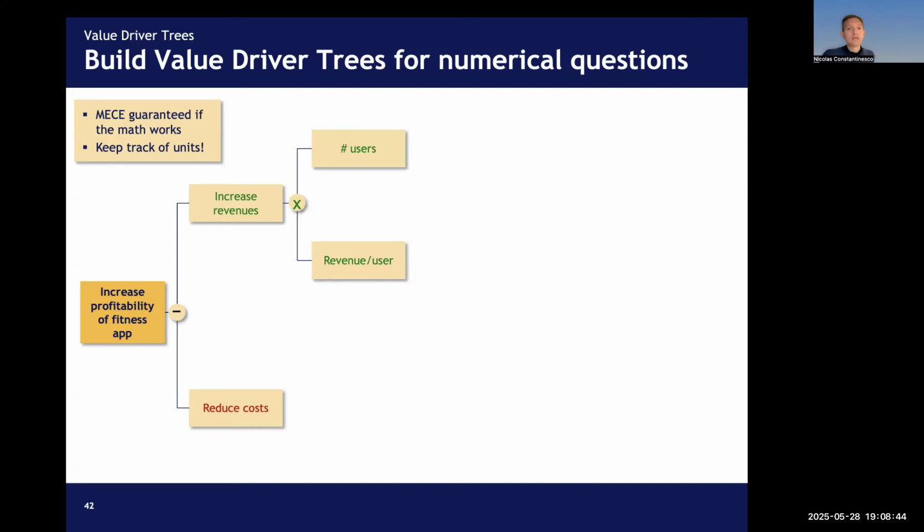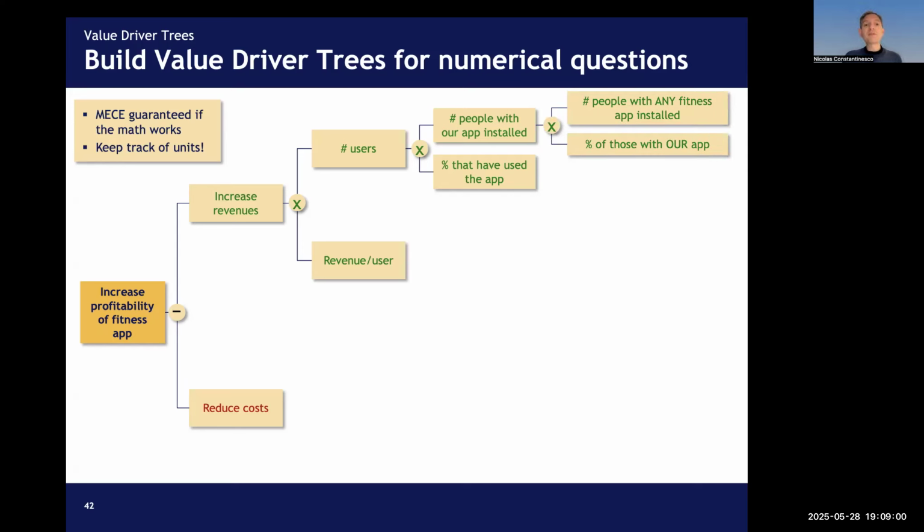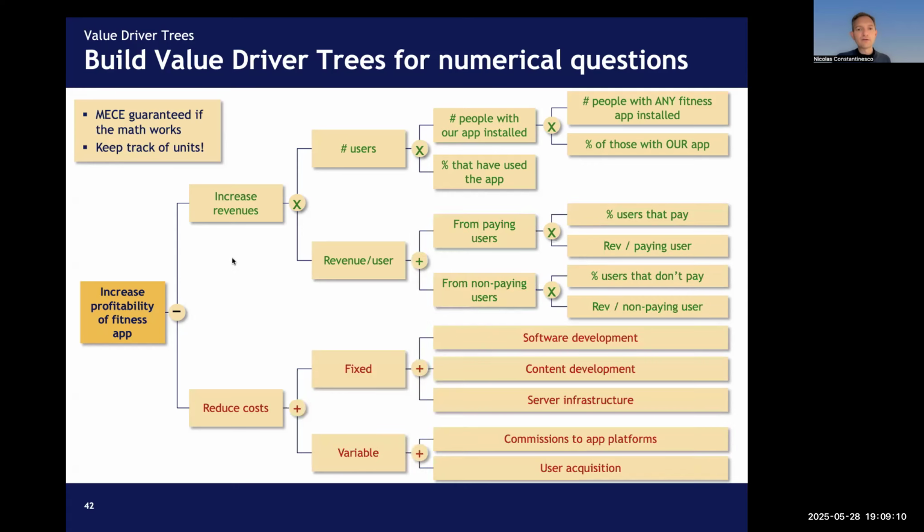The number of users, I can increase this by increasing the number of people with our app installed times the percent of people who use it. Number of people with our app installed is the number of people with any app installed times the percent of those that have our app, and so on and so forth.